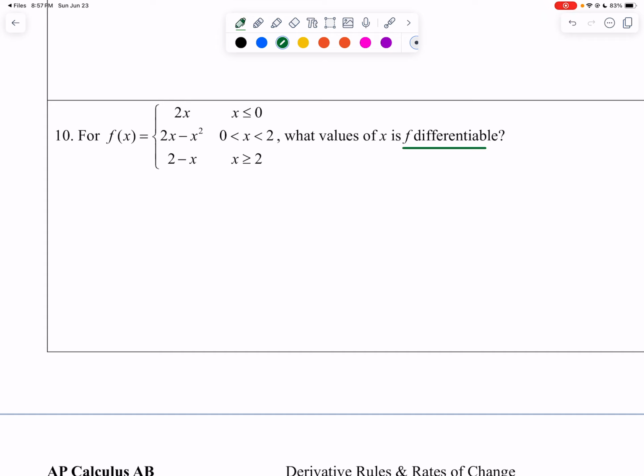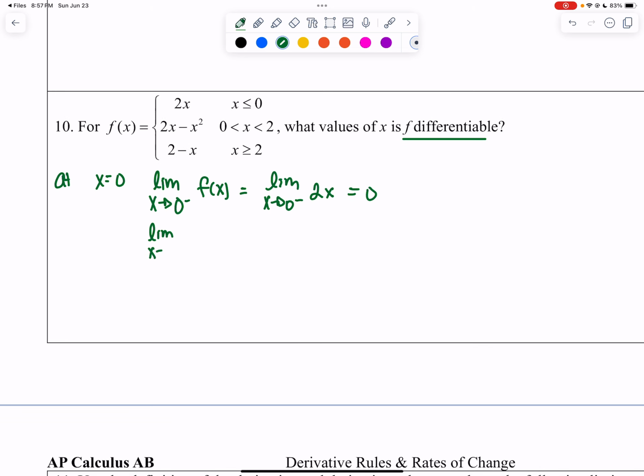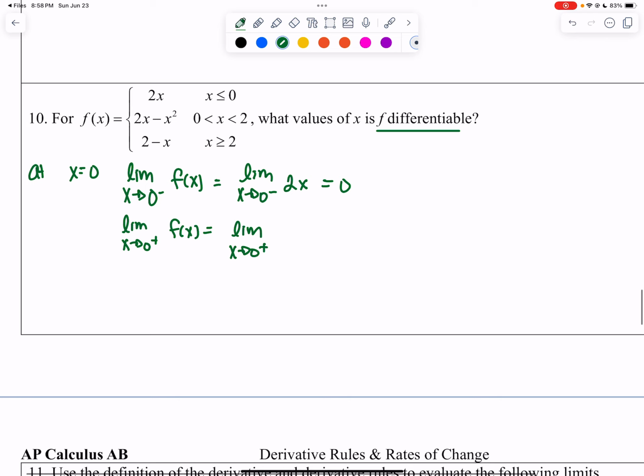So I'm going to look at continuity at 0 and at 2. At x equals 0, the limit as x approaches 0 from the left of f of x is the same thing as 2x, which is 0. Then the limit as x approaches 0 from the right is 2x minus x squared, and if I substitute, that gives me 0.